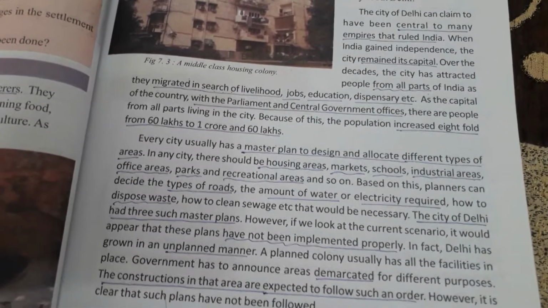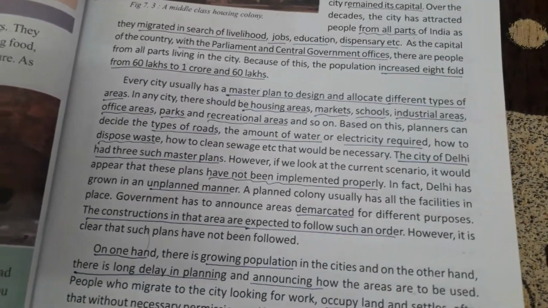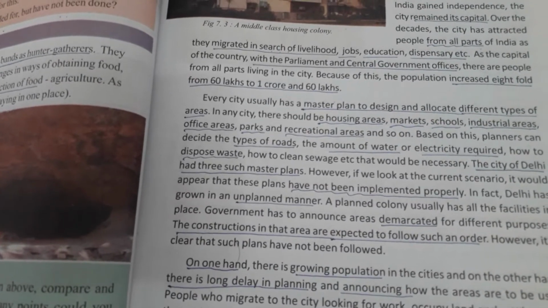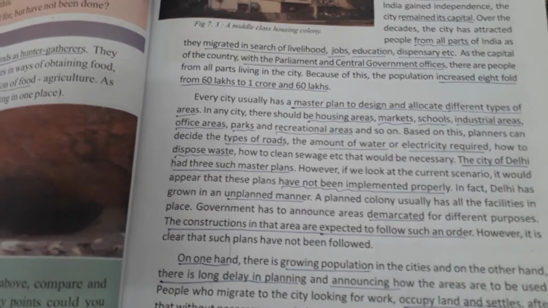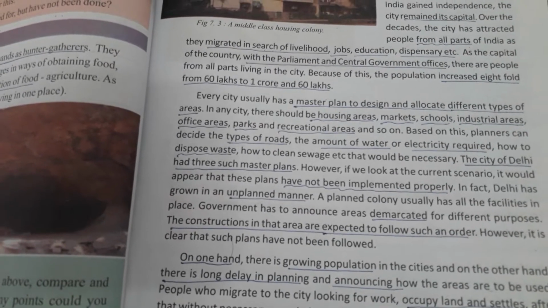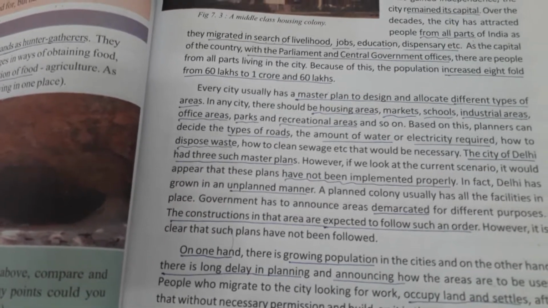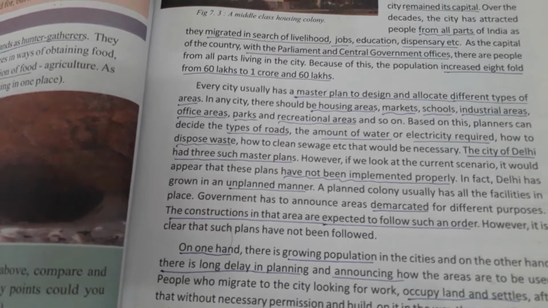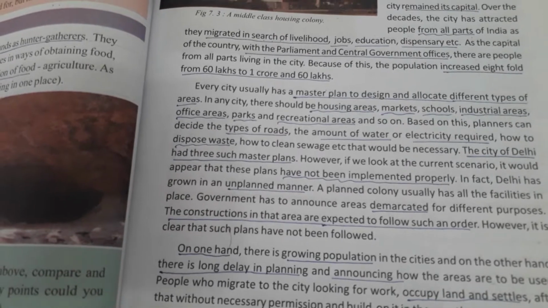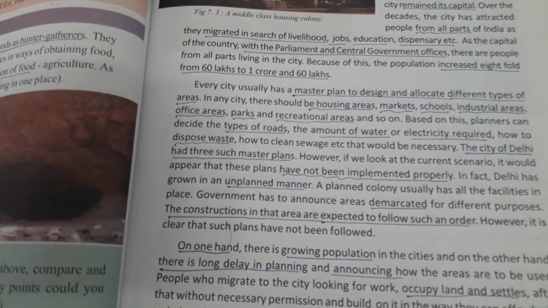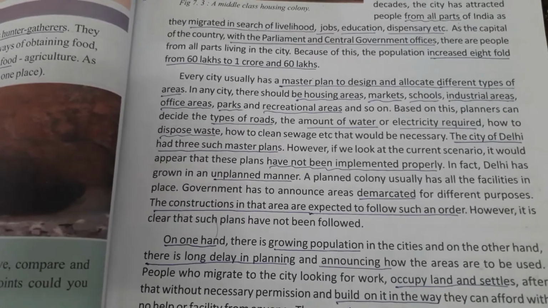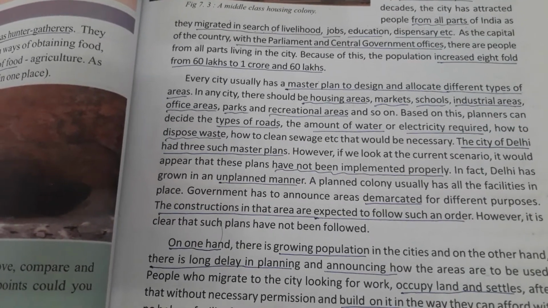On one hand there is a growing population in the cities, and on the other hand there is a long delay in planning and announcing how the areas are to be used. The government won't announce priorly. That is the problem. So people who migrate from different places to cities looking for work will occupy land and settle around the cities in slum areas.